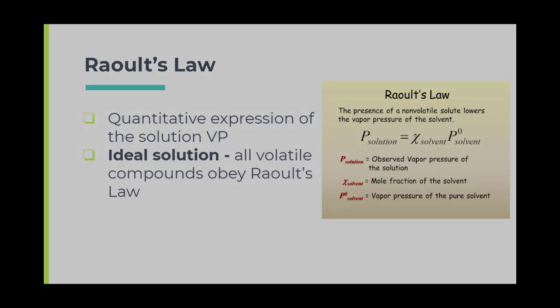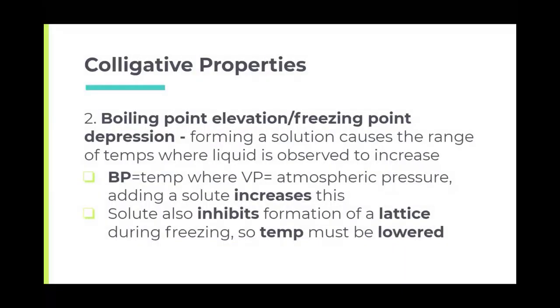So our second colligative property is boiling point elevation and freezing point depression. These are kind of lumped together because the equations are very similar and the physical properties that we see happening are very similar. So forming a solution causes the range of temperatures where a liquid is observed to increase once you've added a solute.